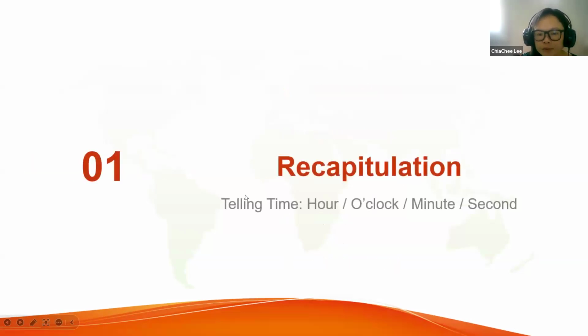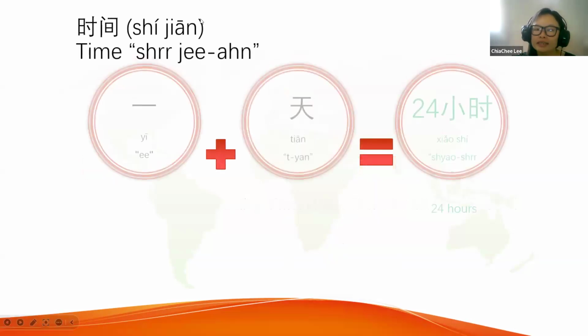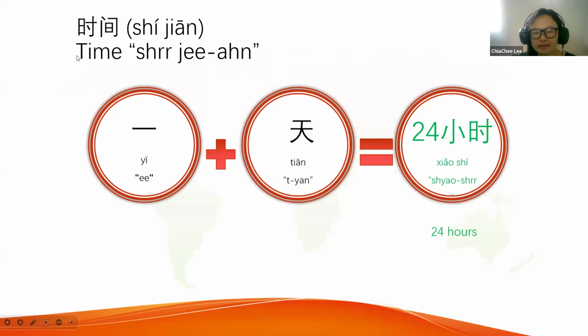So the first part is the recap of last week's topic on telling time: hour, o'clock, minute, and second. We know that time is 时间. So 时间 is time. 一天 is one day.